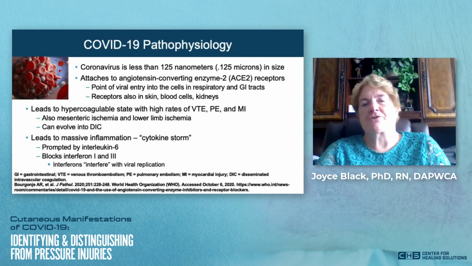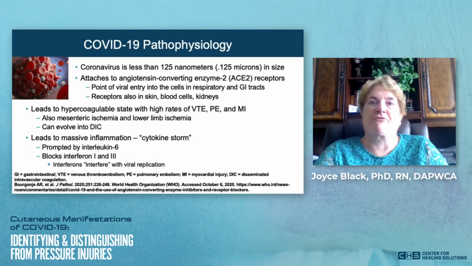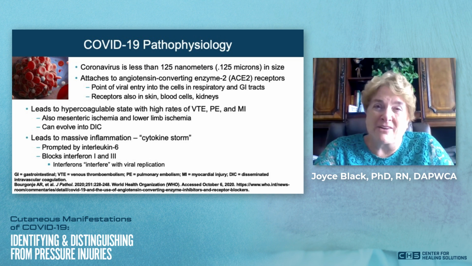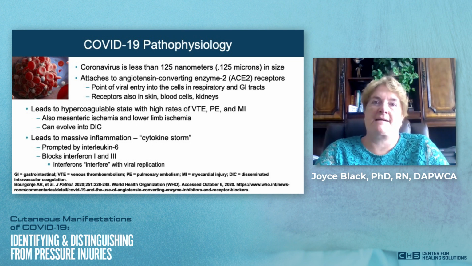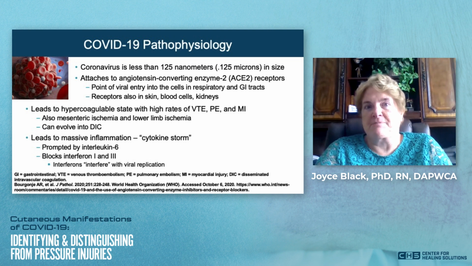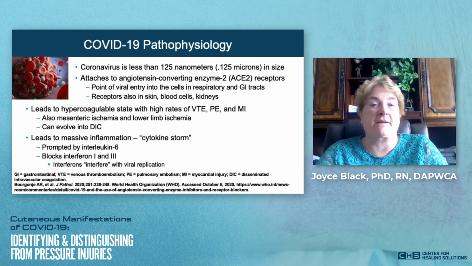So the pathophysiology of COVID is very unique. If you remember from your basic sciences, the pathophysiology of virology, how a virus attacks us and how you initially attack it through an inflammatory response, and then eventually the T cell and B cell side of the immune system kick in.